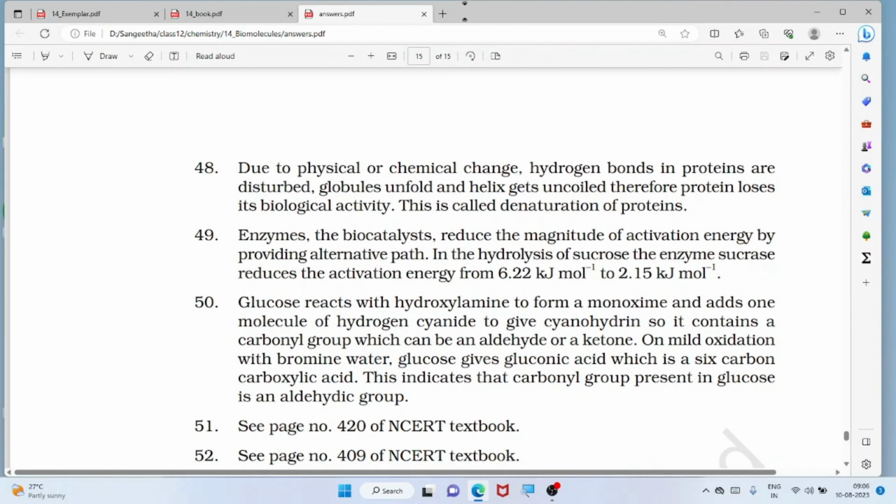Due to the physical or chemical change, hydrogen bonds in the proteins are disturbed. Globules unfold and the helix gets uncoiled. Therefore, the protein loses its biological activity. This is called denaturation of proteins.